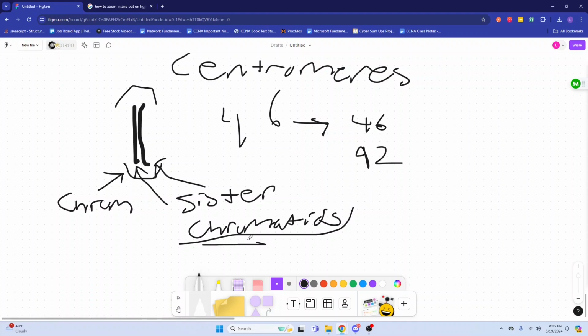This will always be double the number of chromosomes. So that's the tricky part. This is still one chromosome. And really quickly, a centromere is a protein right here that is used to attach spindle fibers during cell division, which is what this entire thing is about.